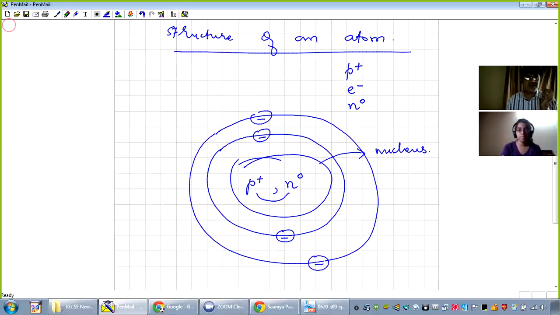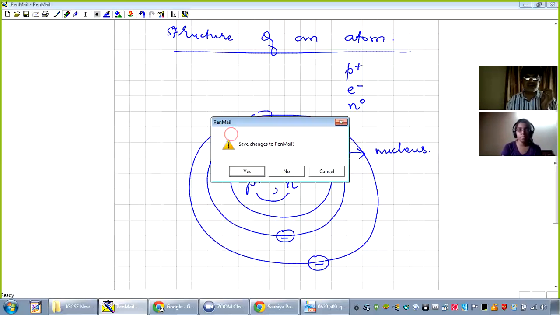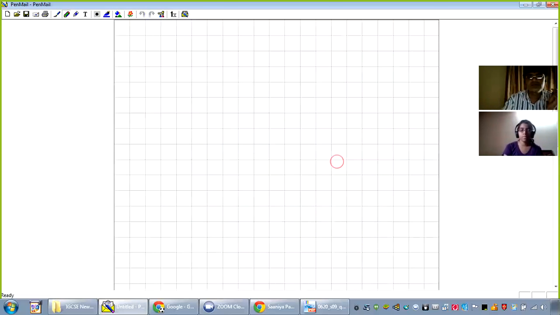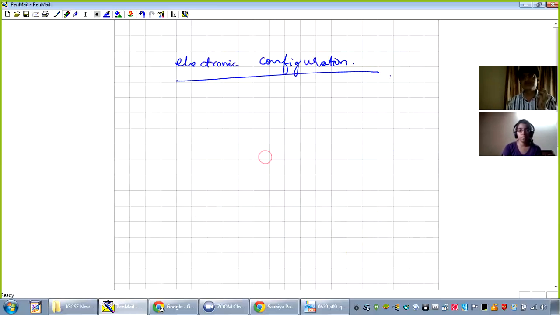We have considered these basic definitions. I'm just going to take up the next definition. What is electronic configuration? It is the structure of the atom in which there are orbits and electrons.